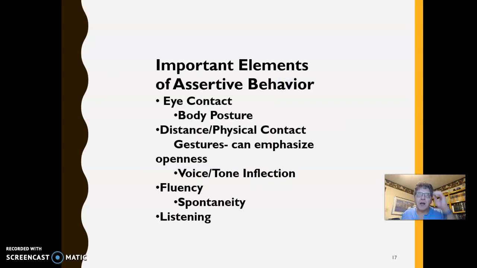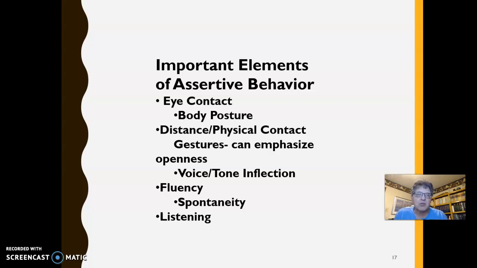So there are important elements of assertive behavior. In order to communicate assertively, it's important that you maintain good eye contact with the other person that you're having conflict with. That your body posture expresses not domination, but confidence and assuredness. That you maintain and understand distance as well as physical contact.